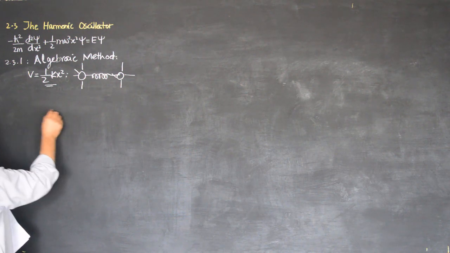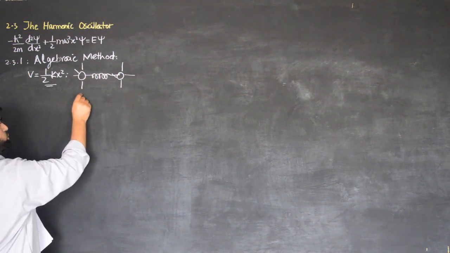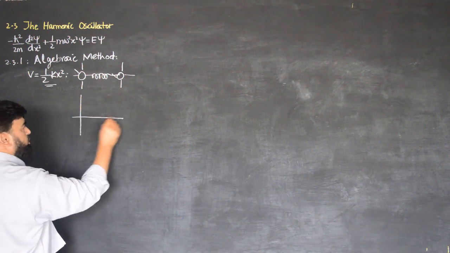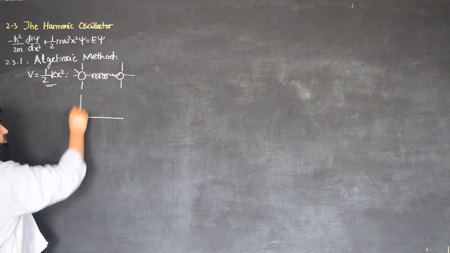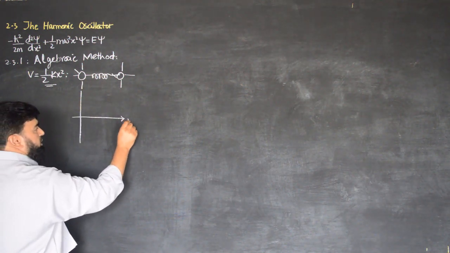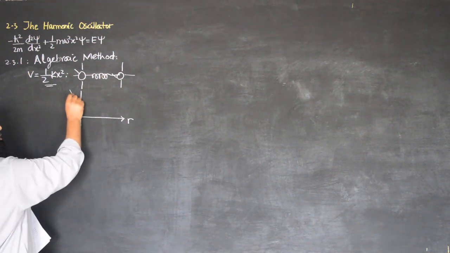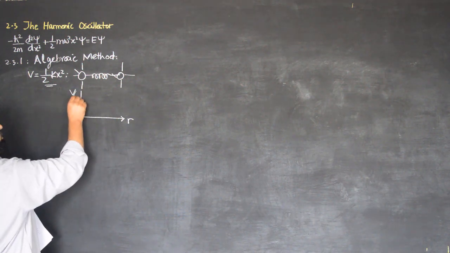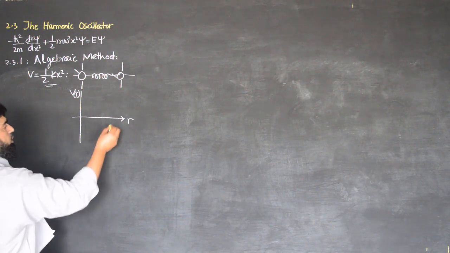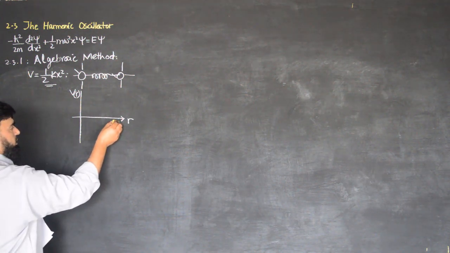Another reason for this one: if I consider this situation, then one atom will go closer to another atom, and if this is the distance r between the atoms and this is the potential, which is a function of r, then we know that this potential is like this.